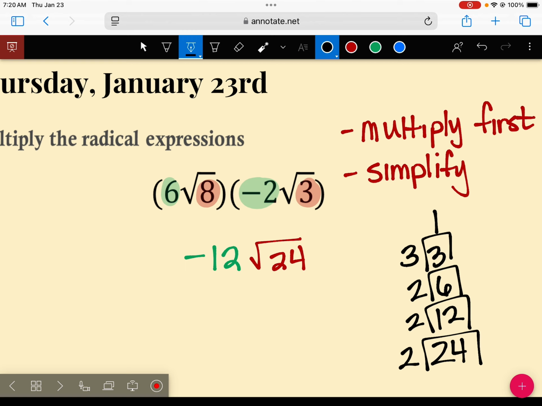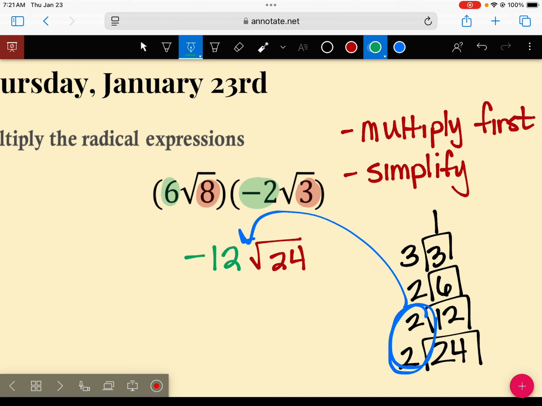So the biggest mistake I saw when we did this last week was students got confused on what would come out of the square root and what would stay in. If you have a pair, we can take the pair out. So do you see how we have a pair of 2s right here? That can come out.